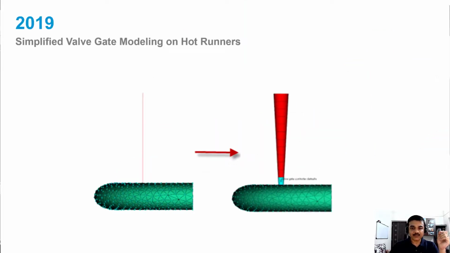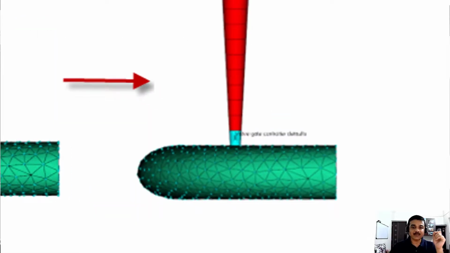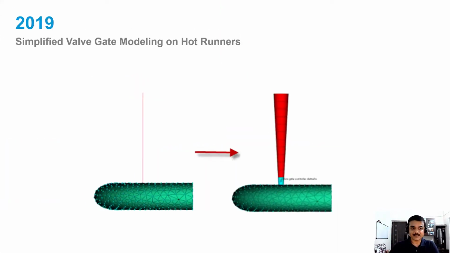With 2019 now, I can easily detect that beam from the zoomed-in or zoomed-out area itself, and you can select and edit it. So this also reduces a lot of effort in editing those valve gates, or when the timing needs to be changed.